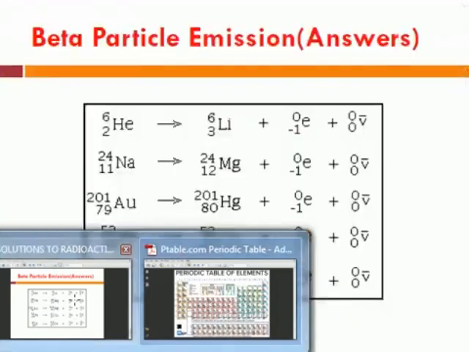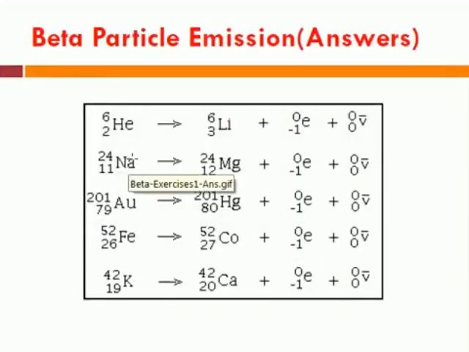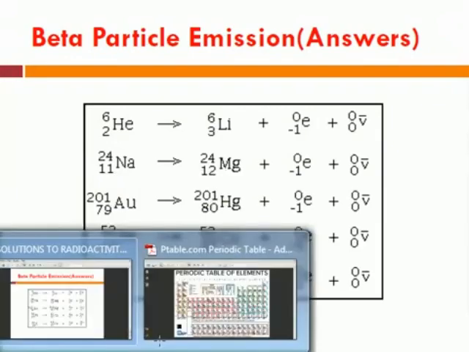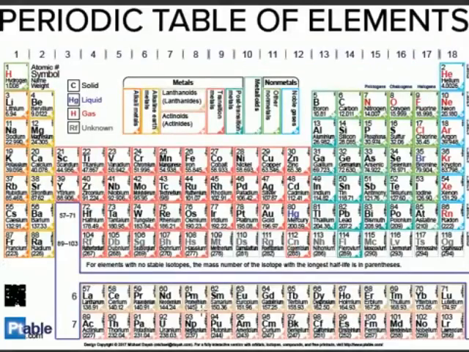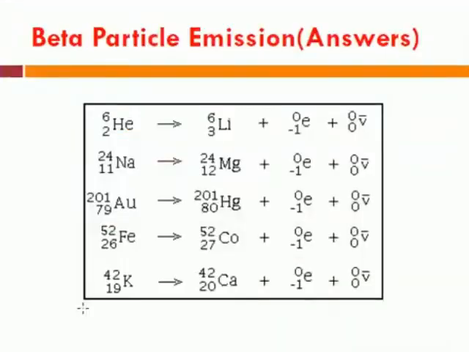And next, we have 0 plus 0, so we have 24 here, 24 here. Then negative 1 plus 11, so that is 12. The element with atomic number of 12 is magnesium. Next, problem number 3. We have 0 plus 0, so that is 201.